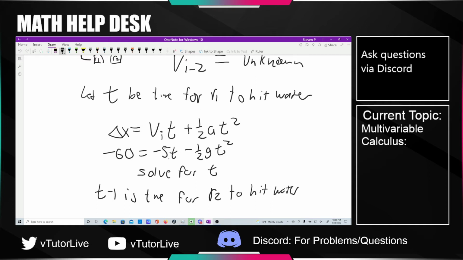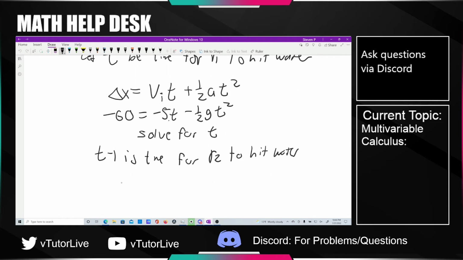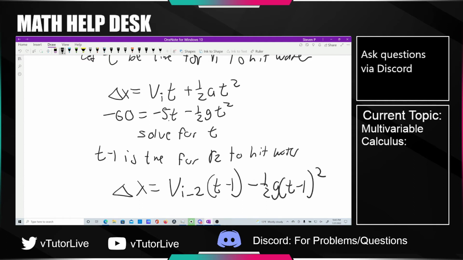And what do we want to find about it? It asks what was the speed the second stone was thrown at. They're asking for the speed the second stone was thrown at. Okay. So I think we can just use the exact same equation, right? Delta x is equal to velocity initial of stone 2 times t minus 1 minus 1/2 g times (t minus 1) squared.